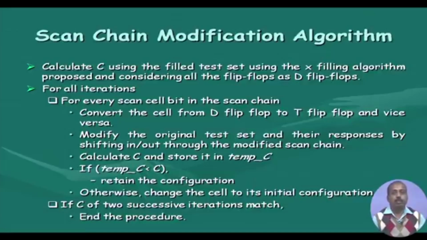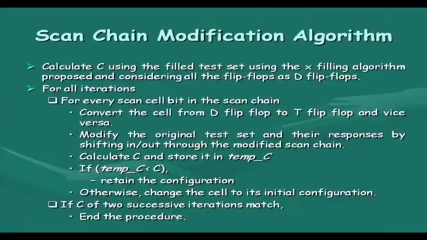Due to this modification, the test pattern that needs to be shifted through the scan chain gets modified, and the response bits we get in the scan chain also get modified. So the C value we computed with respect to the original test pattern set is no more valid, and we need to recompute it.